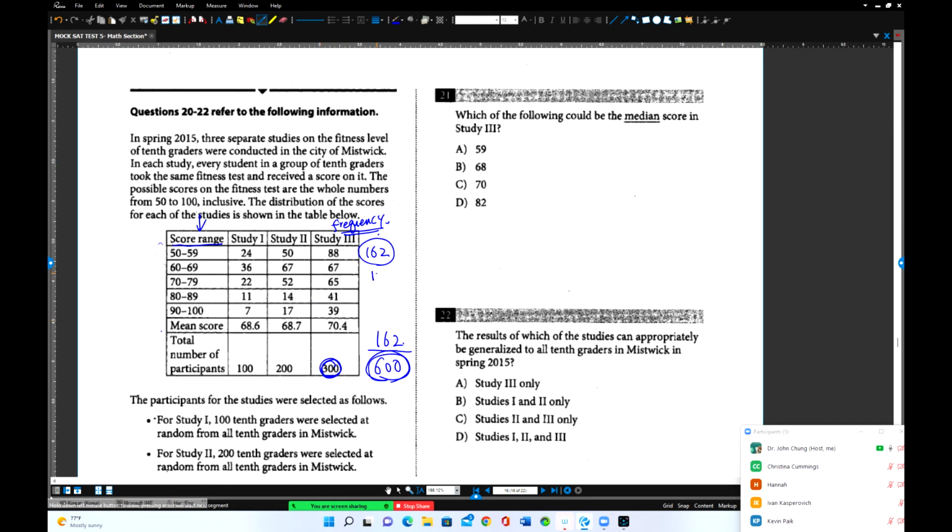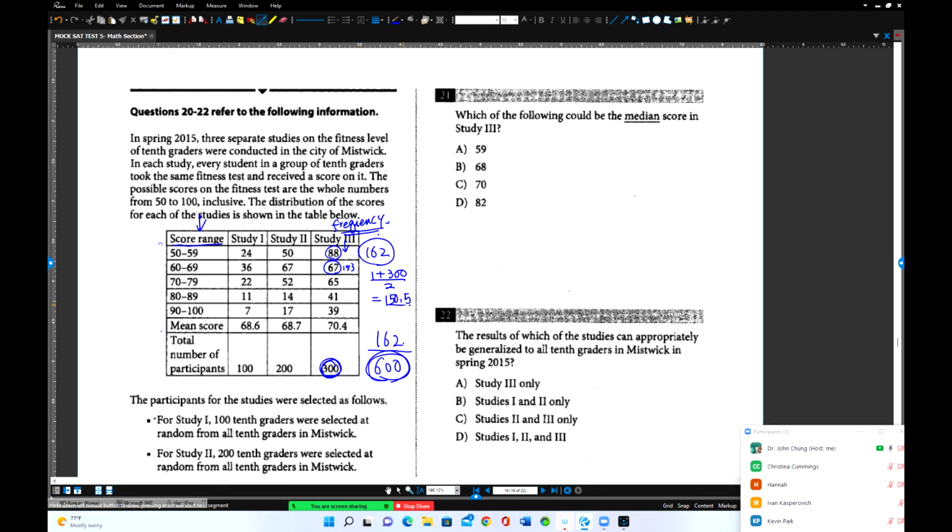Use this formula: the first person plus the last person, divided by 2. Actually 150.5. We count from the highest or lowest one, from here. 88 people there. The next number over here is 67. The total is already about 153, right?